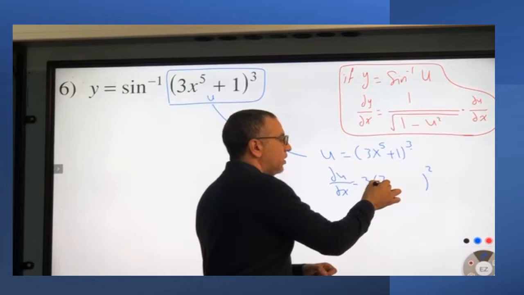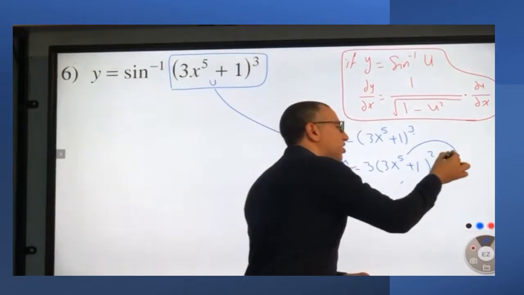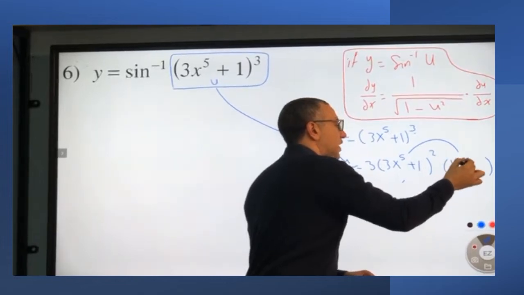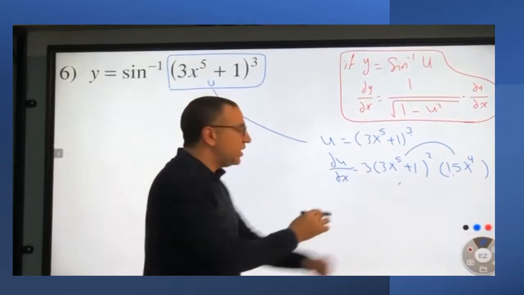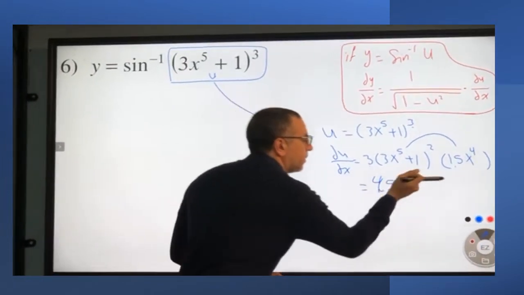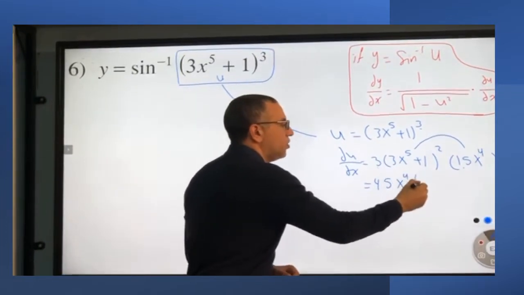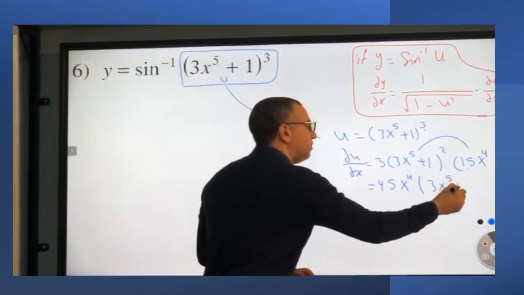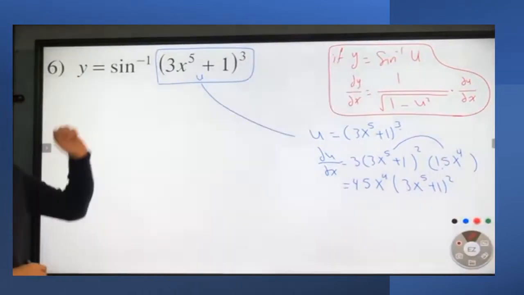subtract from the power 1, and I keep the function, multiply derivative 1 inside, which is 15x to the power 4. Now 3 multiply 15 is 45. 45x to the power 4, (3x to the power 5 plus 1) all to the power 2. Now let's go back to the equation.